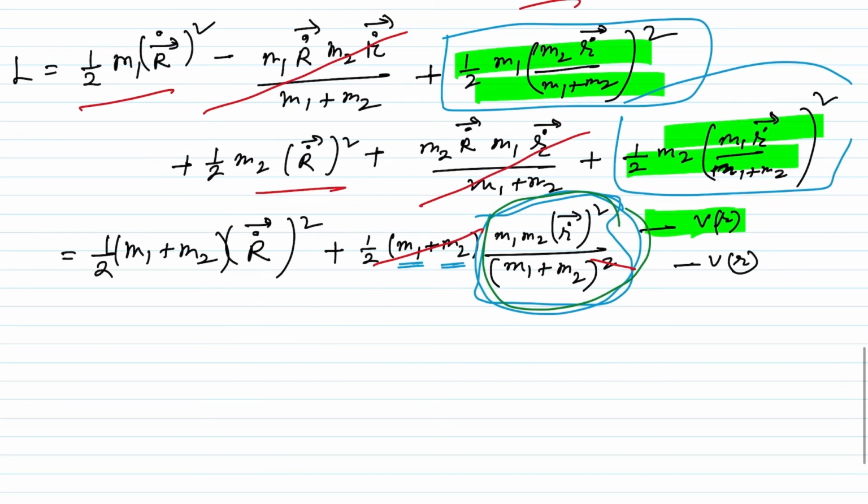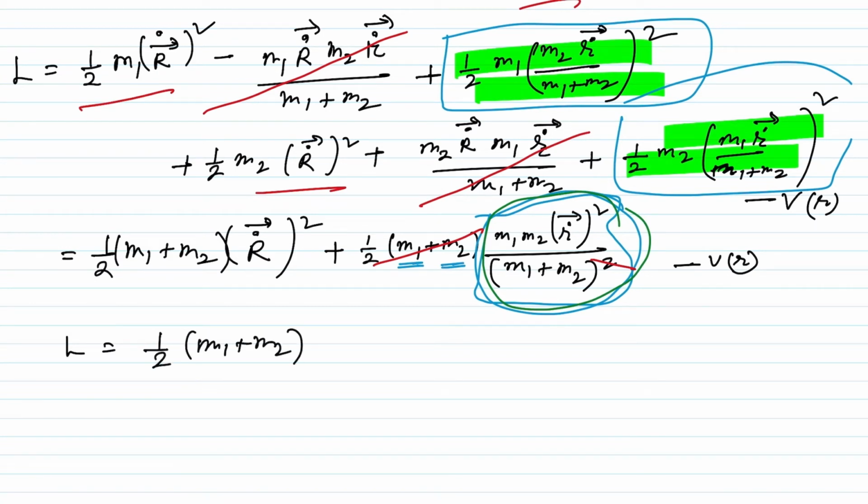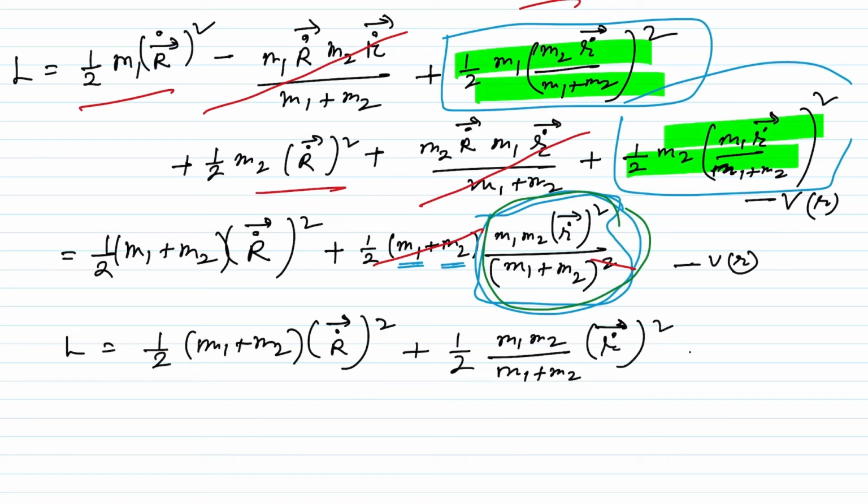So L is equal to half m1 plus m2 R vector dot square plus half m1 m2 by m1 plus m2 small r dot vector whole square minus V r. So we have got this result.